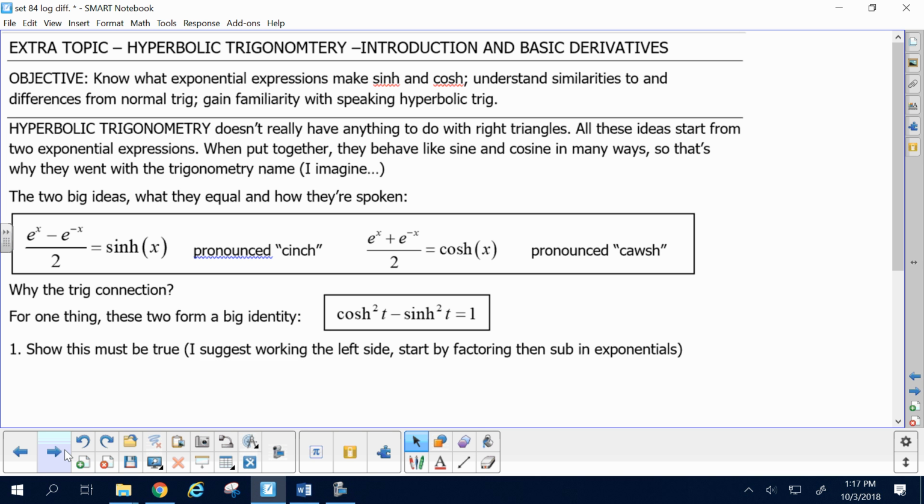Hyperbolic trig. So let's talk about this real quick. First of all, why even do this? Why would you just throw some exponentials together, just for fun? And the answer is no, because there were certain problems that couldn't be done. Let me give you an example. If I hang a slack curve from 2 points, what's the math shape of that?